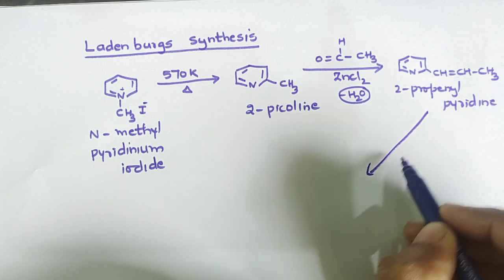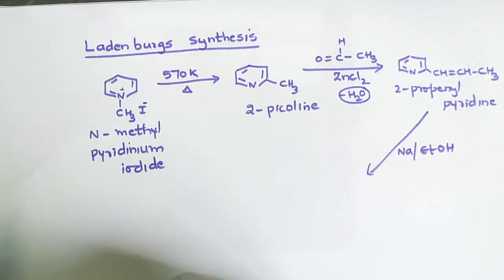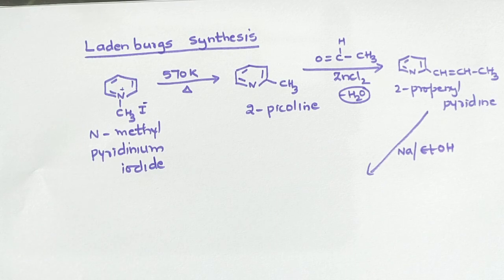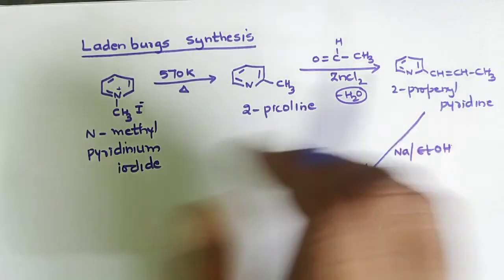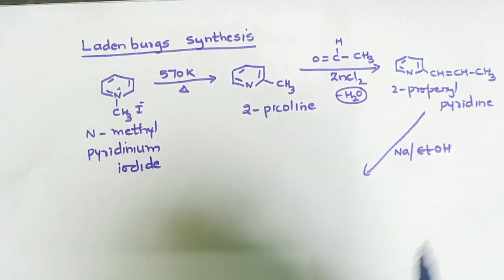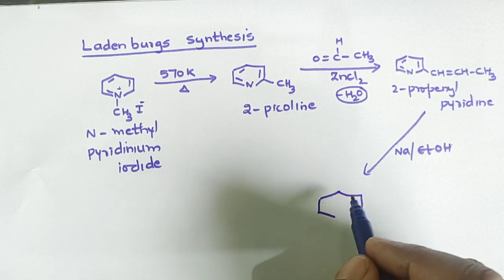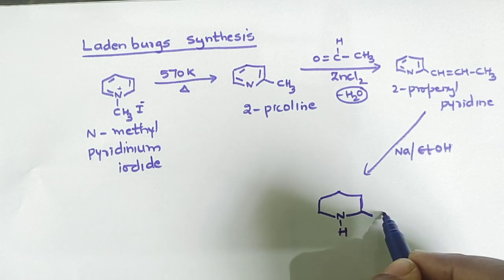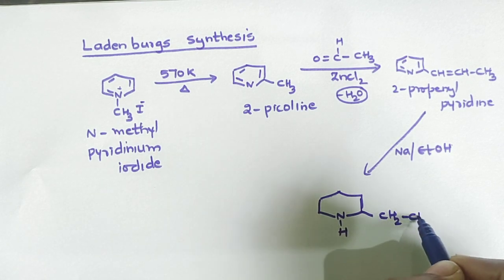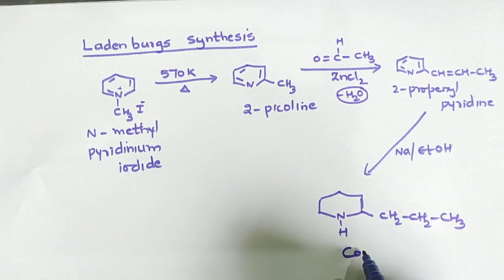When this is treated with sodium over ethanol, it undergoes reduction, and the double bond gets reduced to a single bond. You get CH2, CH2, CH3. So you get the molecule.